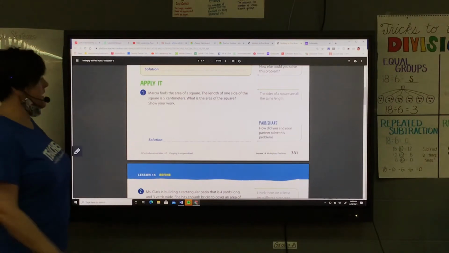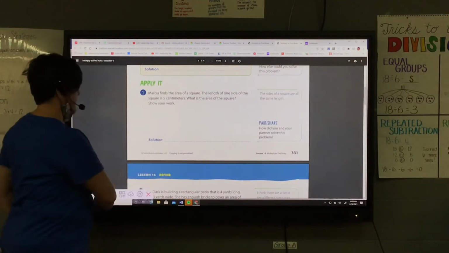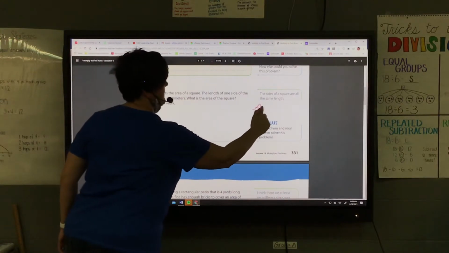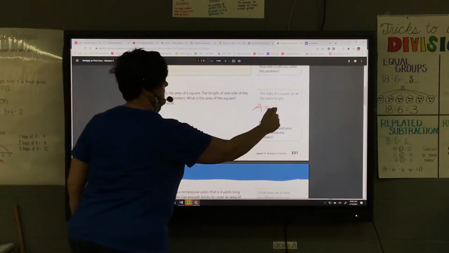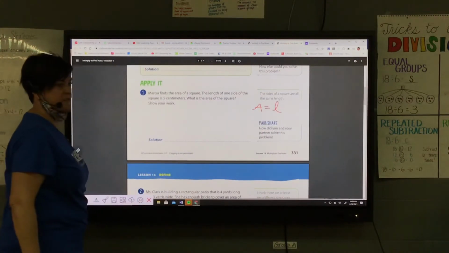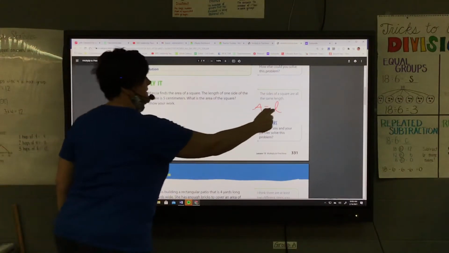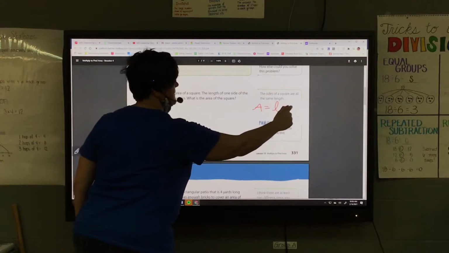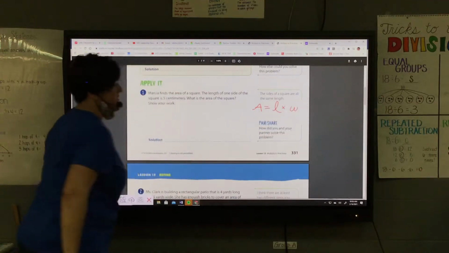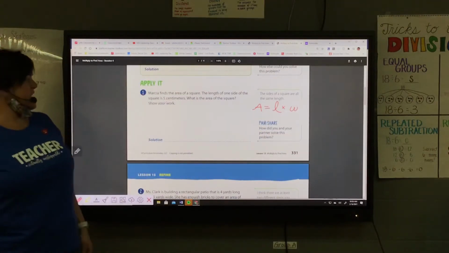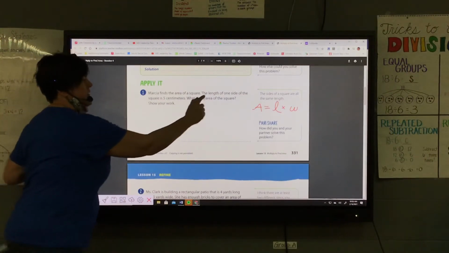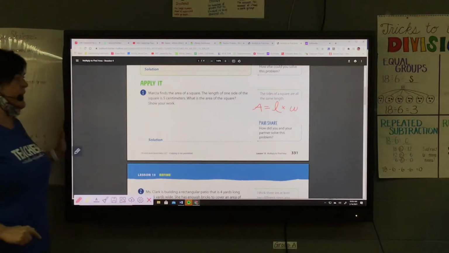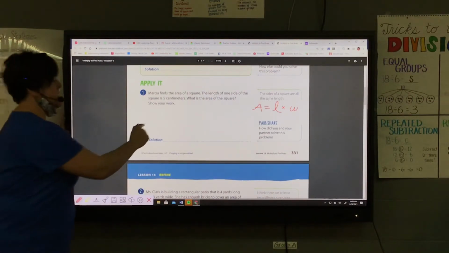To find the area, what do we have to do? Multiply what? The L. What is the L? Length. Length times what? The width. So what is the length of this square? The length of one side of the square is 5 centimeters.